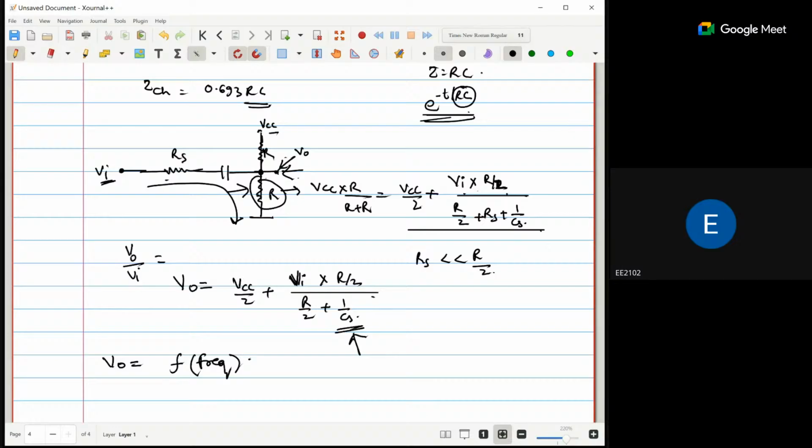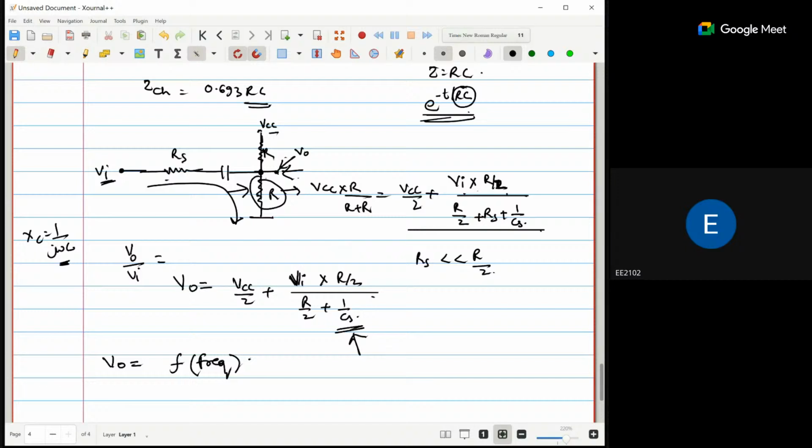This particular frequency dependency is called the AC coupling. We can't couple that particular signal as a DC. Why? Because for the DC, if Vi is a DC signal, the capacitor behaves as an open circuit. We know the impedance of the capacitance XC is 1 over j omega C. So if omega is 0, the frequency is 0, so XC is infinite.